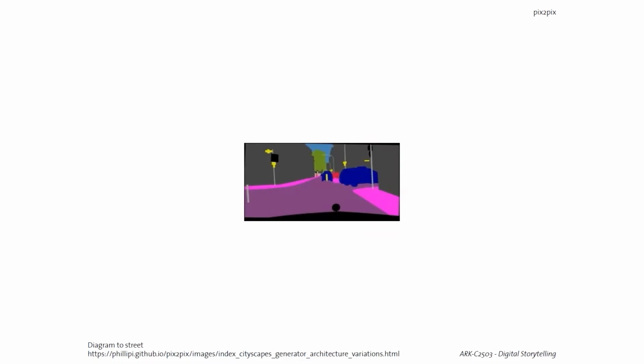So when you're looking, for example, at the field of machine vision and self-driving cars, what these machines that are trying to navigate through the real world have to do is something called semantic segmentation.